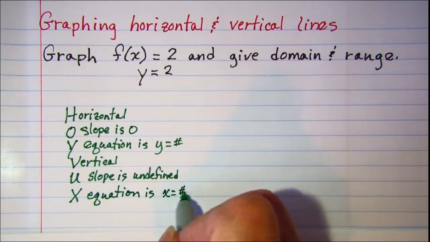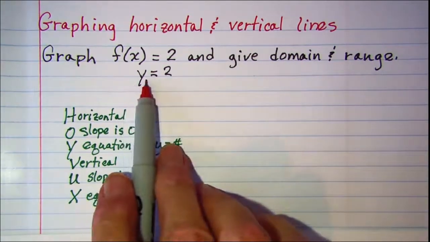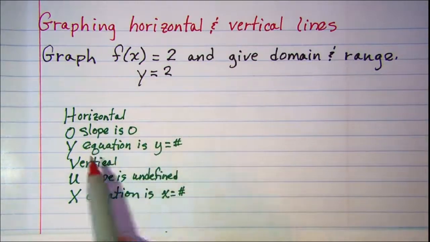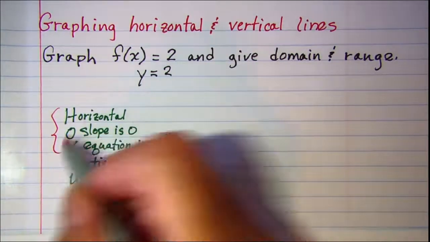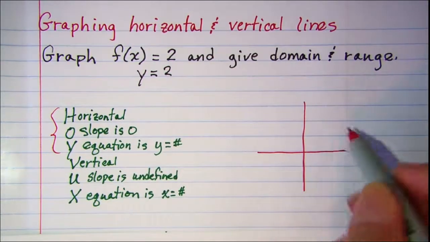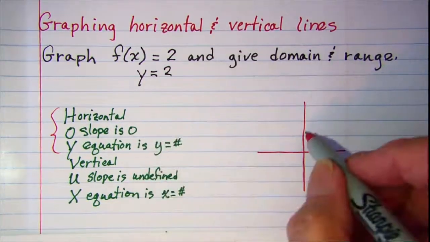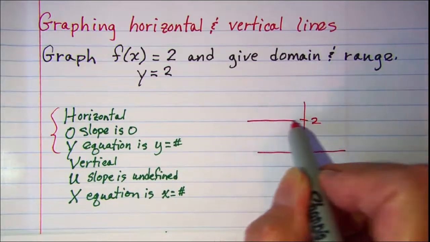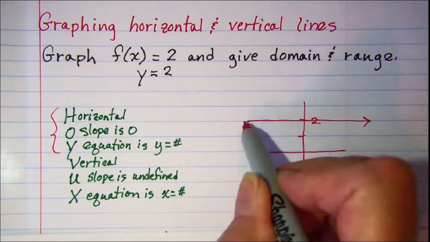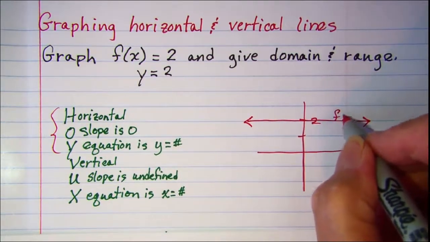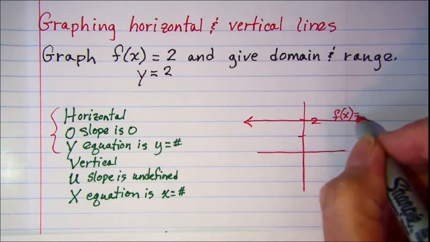So since I have y equals 2, that means we're dealing with a horizontal line through the number 2. And this will be the graph of f of x equals 2.